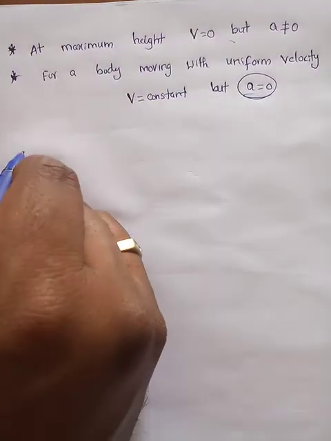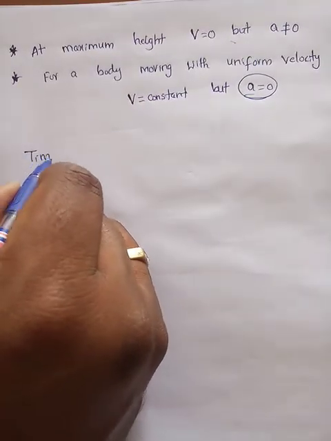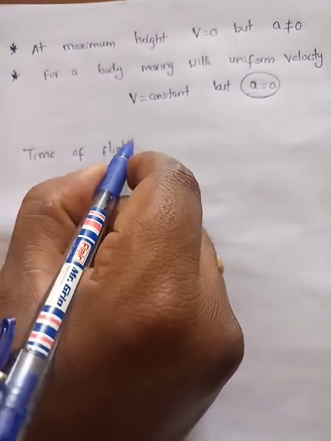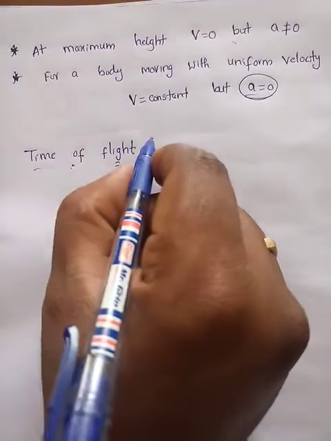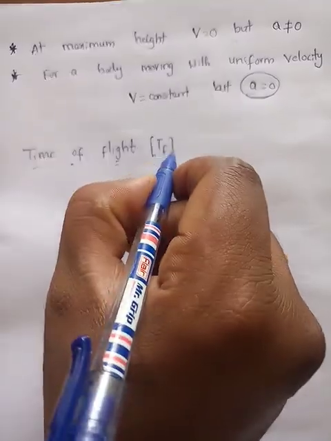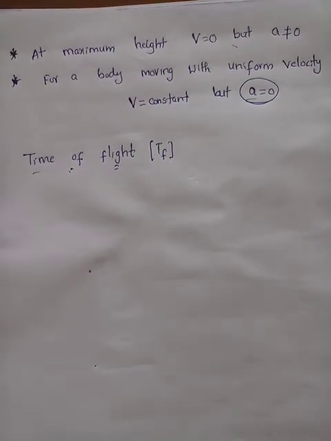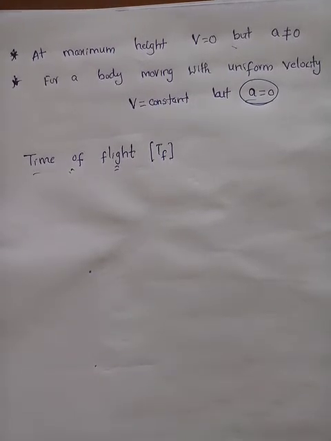Next, one more formula for the projectile is called time of flight. What is time of flight? See, when you project a body, what happens? It moves upwards and reaches maximum height. Thereafter its velocity becomes 0.